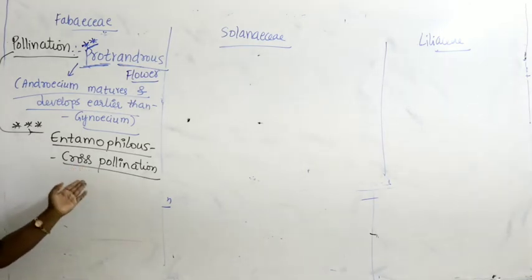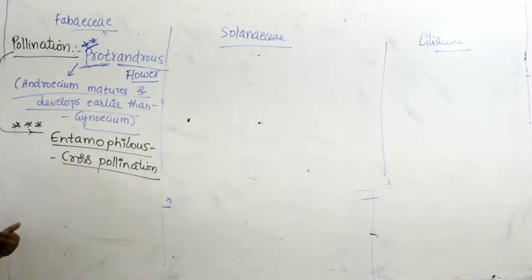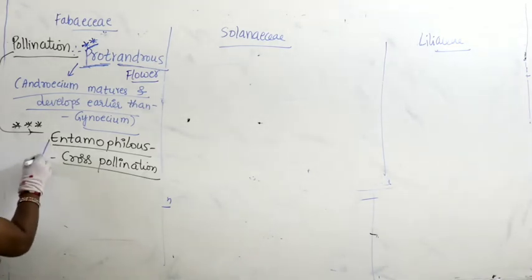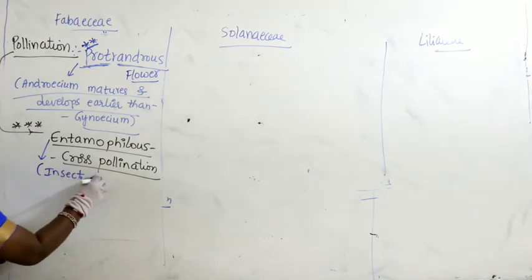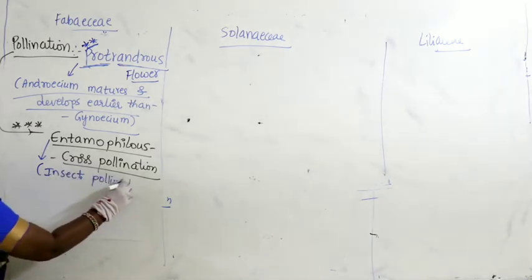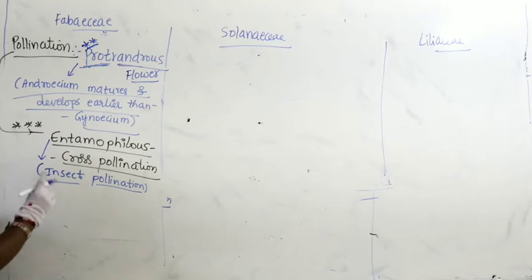That means here what is happening? Cross-pollination. What is cross-pollination? In lower classes you studied that the transfer of pollen grains happens from one flower of one plant to another flower of another plant. Then it is called cross-pollination. I am writing here: entomo meaning is insect pollination.